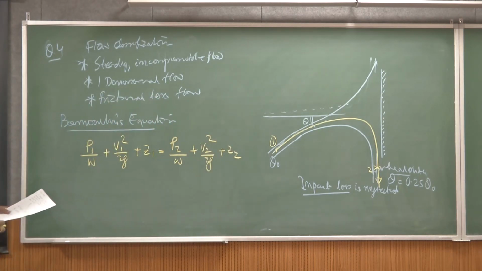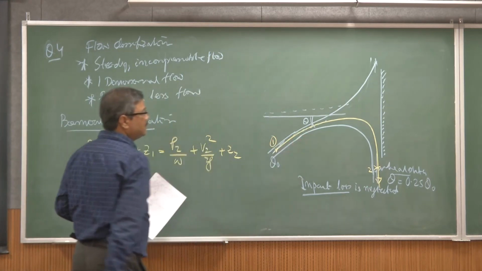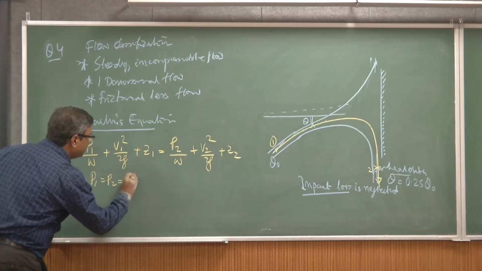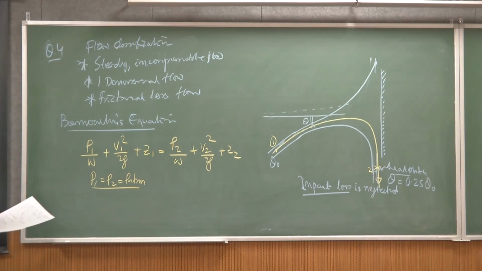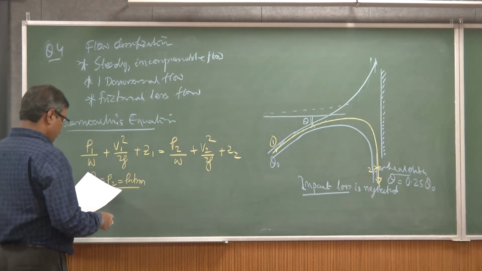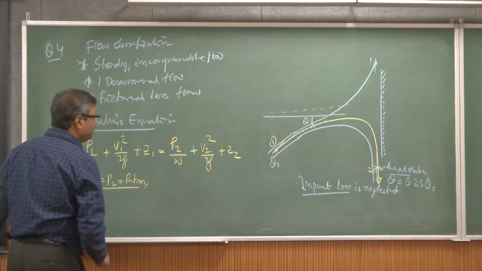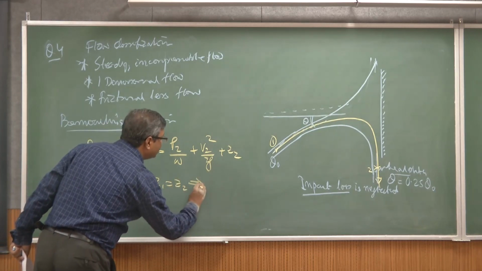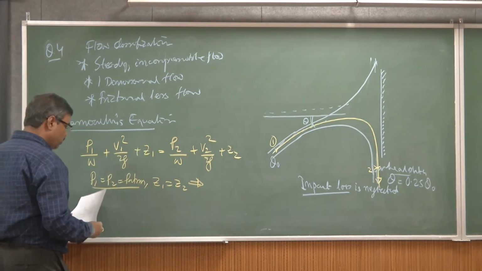Now if you look at this part, as we have a water jet, we can consider P1 equal to P2 equal to P atmosphere, as it is a water jet problem only, and it's just striking as a horizontal jet, so we can consider Z1 equal to Z2. That indicates that B1 is equal to B2.